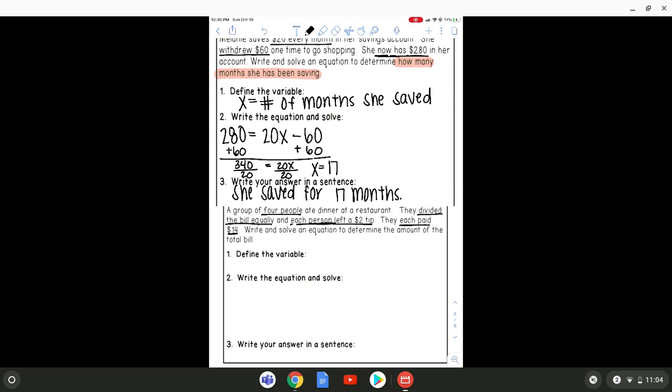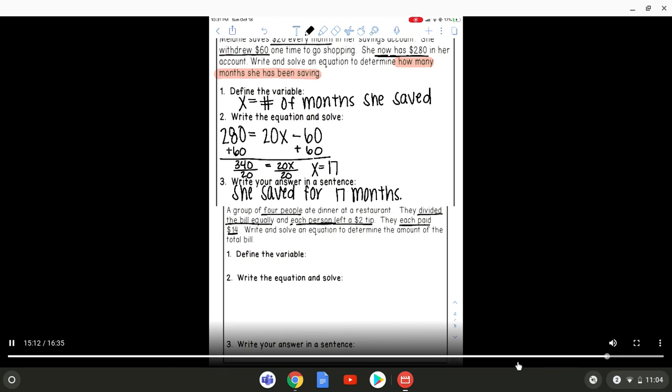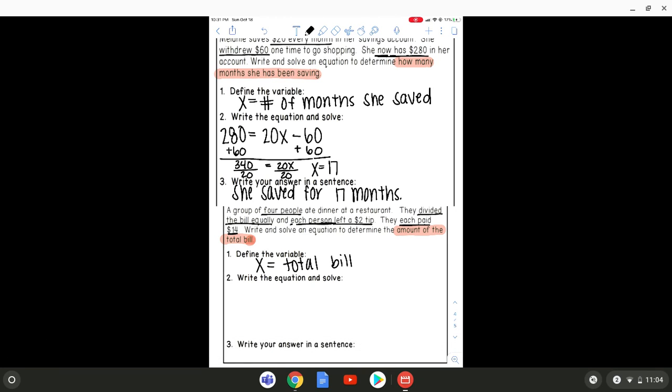There are a couple things that come into play here. As far as defining the variable, we have to remember that the variable is what we don't know. And what we don't know here is the total amount of the bill. So X is going to be your total bill.